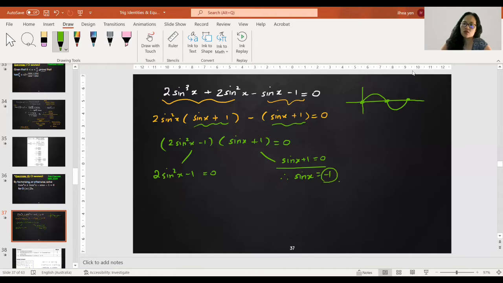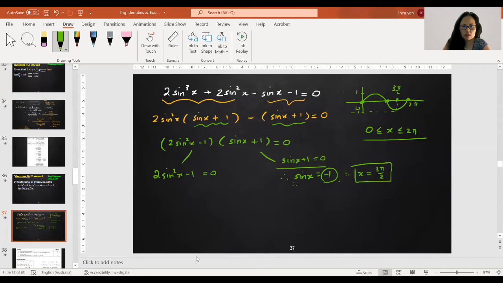The domain is obviously 0 to 2 pi, so I don't have to worry about any other wave, just one full period cycle. Which one will have minus 1? 3 pi on 2. X will be 3 pi on 2. There's only one because it's only 0 to 2 pi. I can't go any further than that.